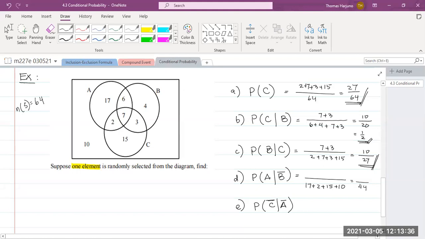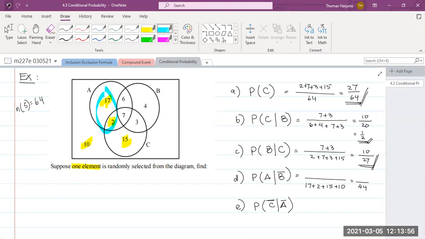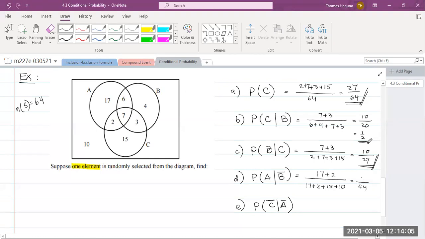Of these 44 elements not in B, how many of them are also in A? Those are the two. So there are 17 plus 2 elements not in B that are in A.